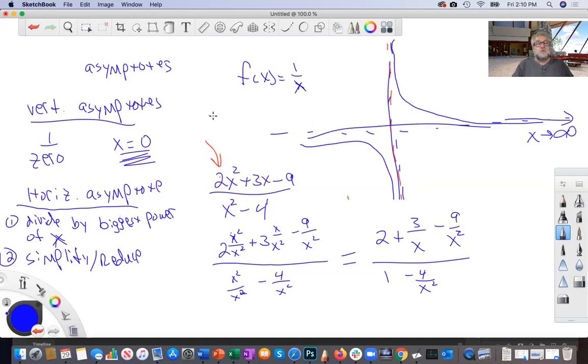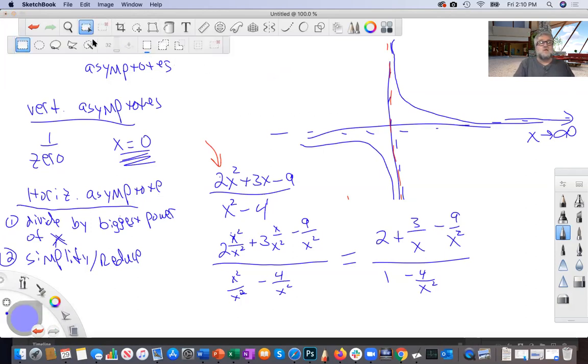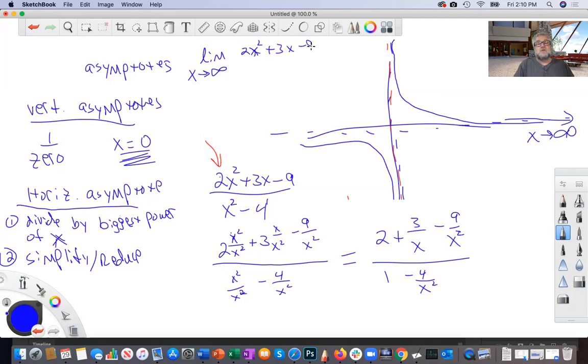So the way we will frequently represent this is, when we're calculating the horizontal asymptotes, we write: what's the limit as x approaches infinity for my function, 2x squared plus 3x minus 9 over x squared minus 4? And what this means, the limit as x approaches infinity, is: what's the value of this thing as x heads out to infinity?